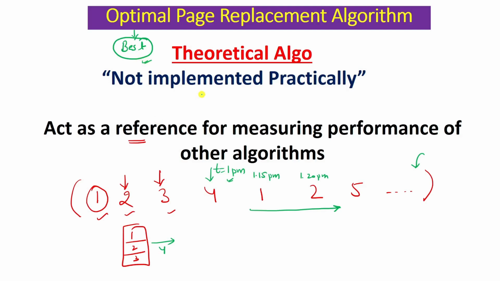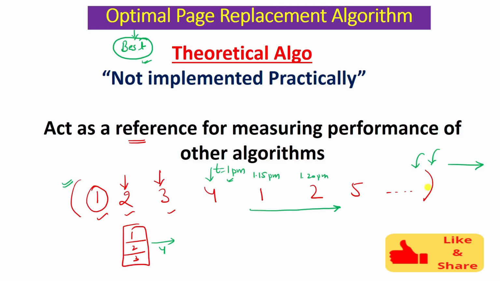But as we cannot predict the future, which page will actually be referenced, that's why this is not implemented practically. And we have to take care that this is the snapshot that is given for a particular time period. In the real system, at the current point of time we cannot say what page will be demanded in the future.